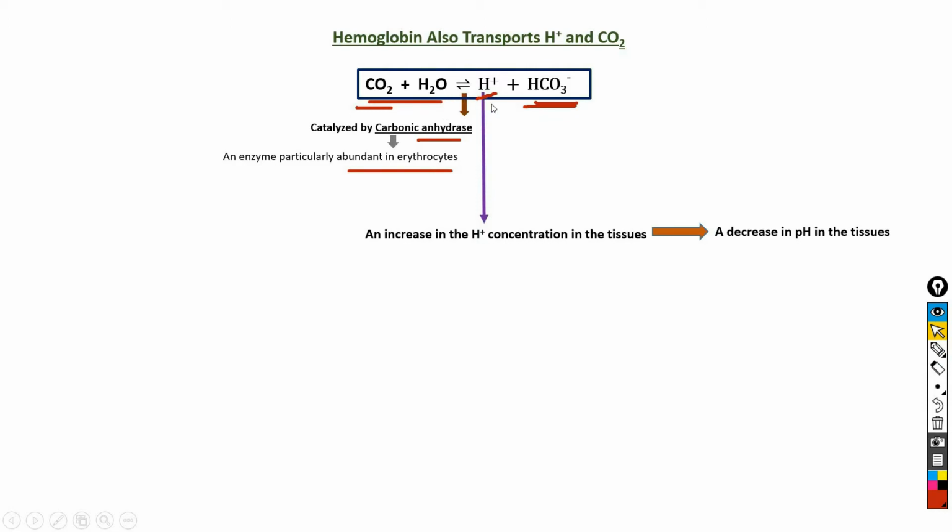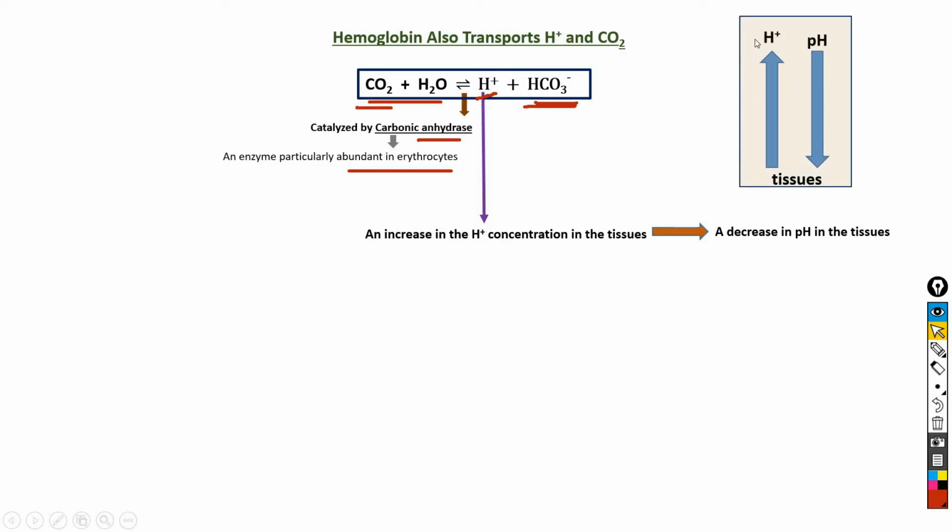Means hydration of CO2 results in an increase in hydrogen ion concentration in the tissue, and increase in hydrogen ion concentration in the tissue results in decrease in pH in the tissue. Means whenever hydrogen ion concentration increases in the tissue, there is decrease in pH in the tissues.